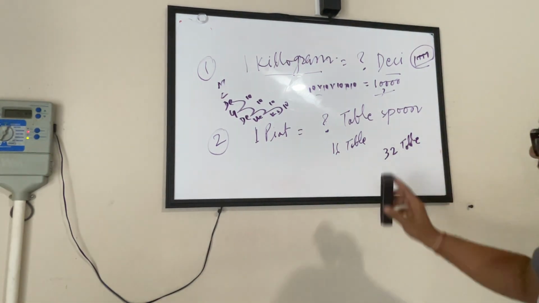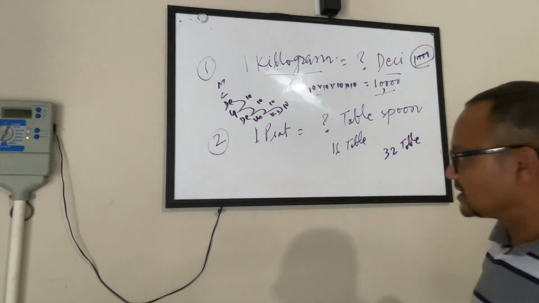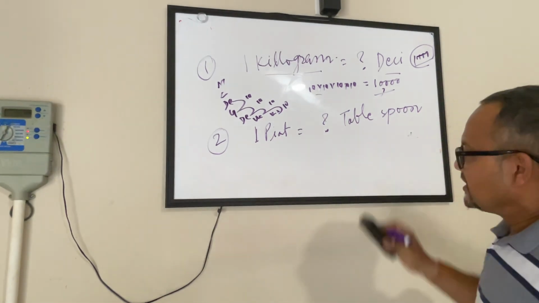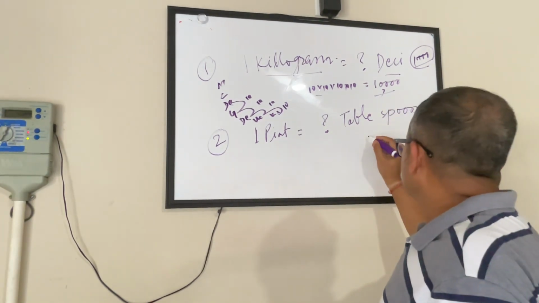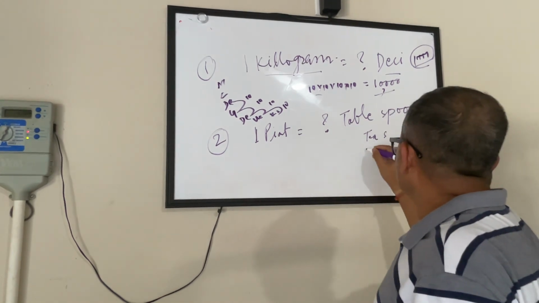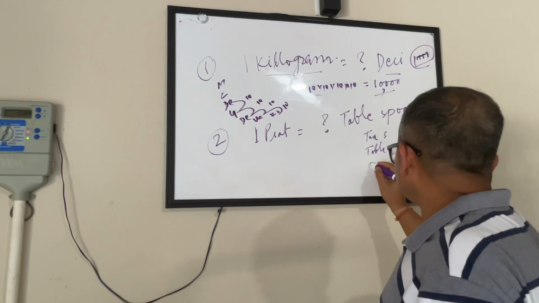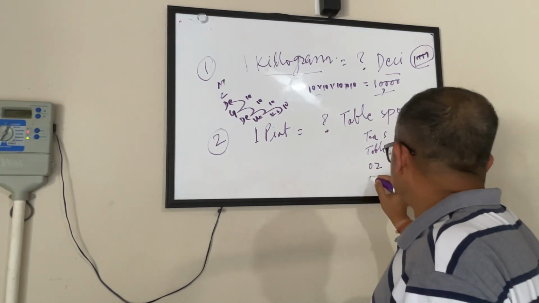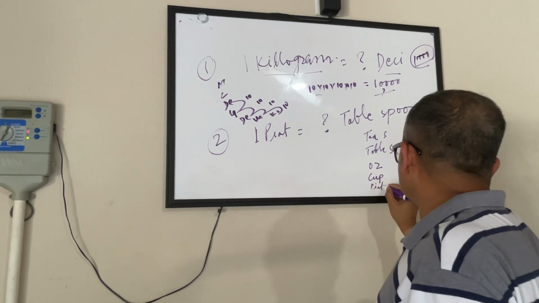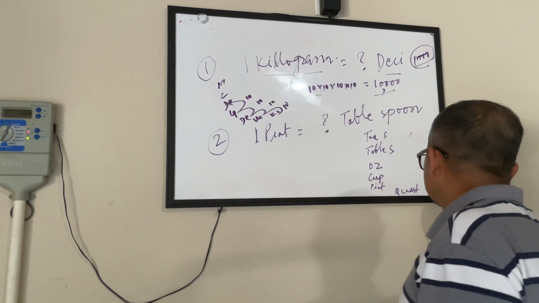Now, let's look at the second one. 1 pint equals how many tablespoons? Now let's see if I remember what I taught you guys. So, this is teaspoon, tablespoon, then ounce, then cup, then pint, then quart, then gallon.